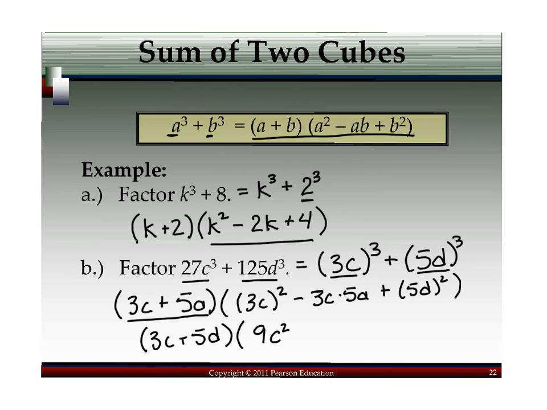And the 3 times c, all of this multiplied together, I get minus 15cd. And then plus 5d squared, so 25d squared. And then I am done with the process of doing the factoring pattern for the sum of two cubes.